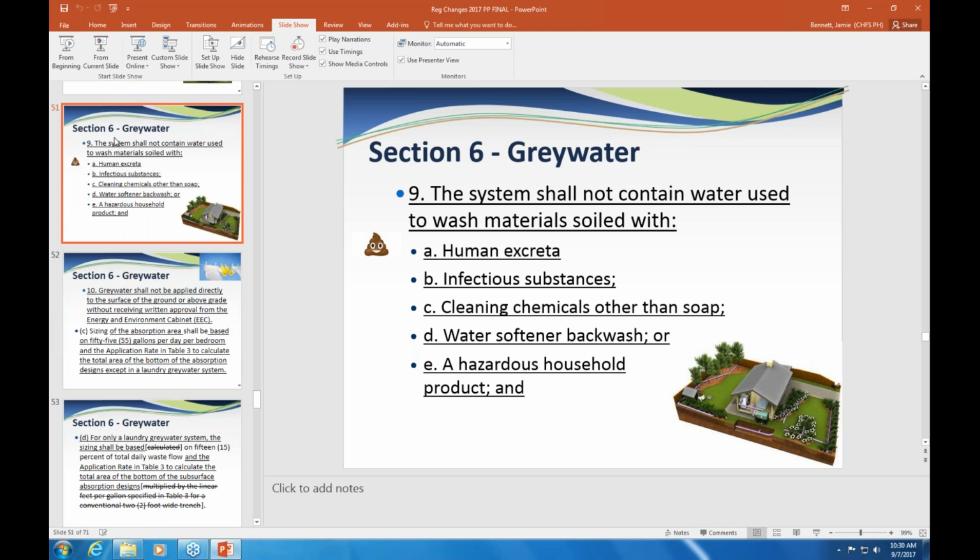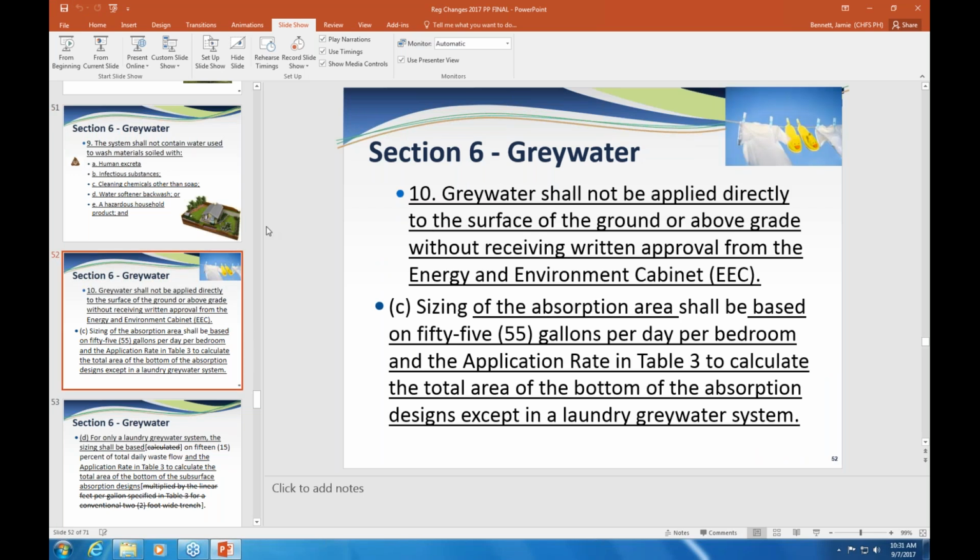Number 9, the system shall not contain water used to wash materials soiled with human excreta, infectious substances, cleaning chemicals or other soaps, water softener backwash, or a hazardous household product. And number 10, gray water shall not be applied directly to the surface of the ground or above grade without receiving written approval from the EEC.